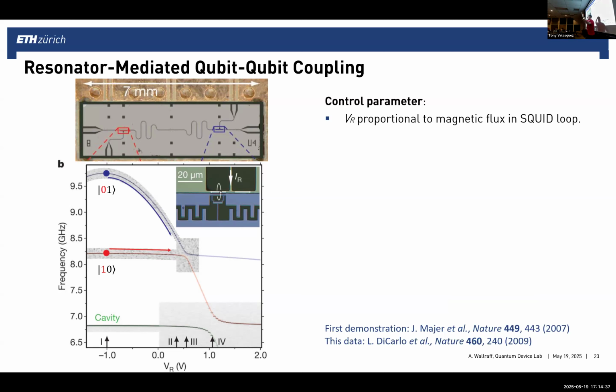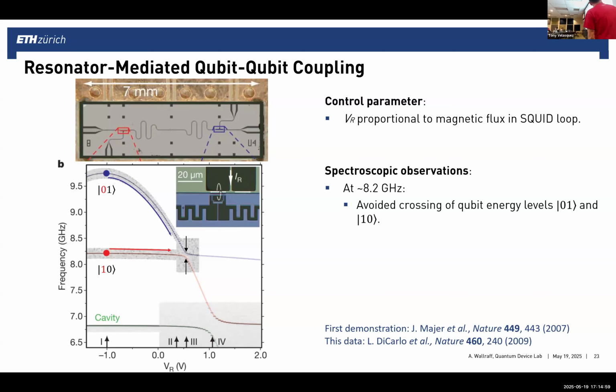And when the two qubits get into resonance with each other and you do spectroscopy, you see a splitting, an anti-crossing. The size of this anti-crossing relates to this J term in your Hamiltonian. From this you can read off the rate at which the qubits exchange their excitation with each other. So this is the avoided crossing between the right qubit in the excited state and the left qubit in the excited state.